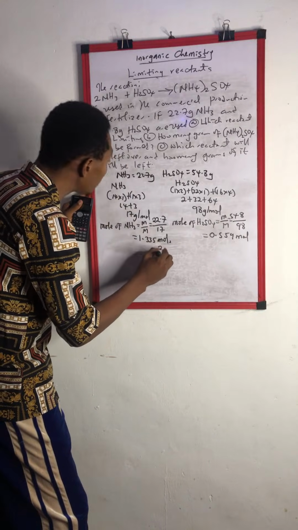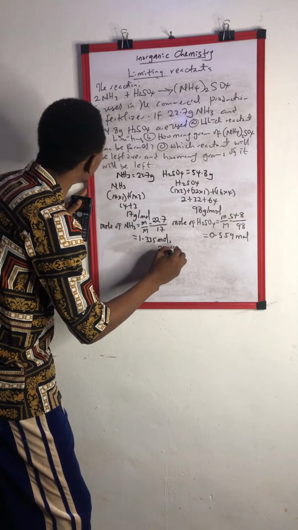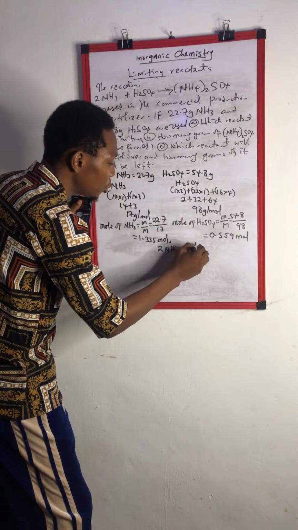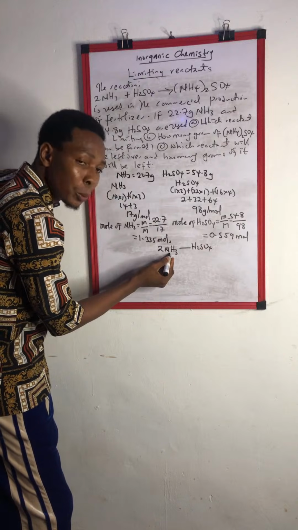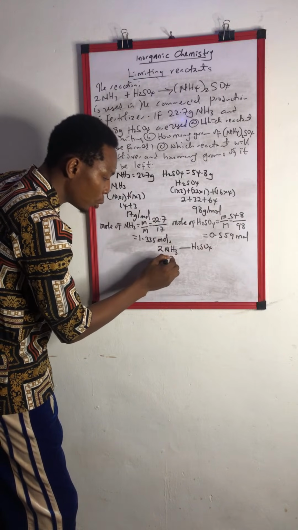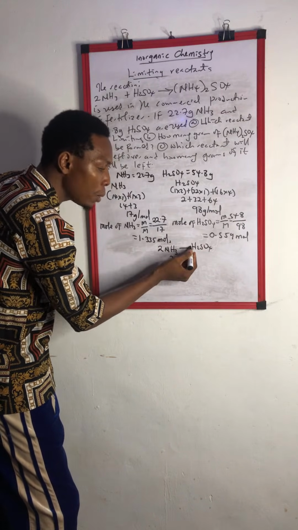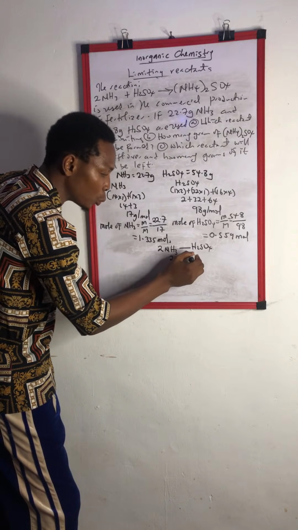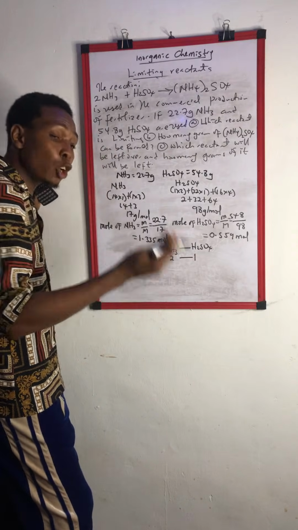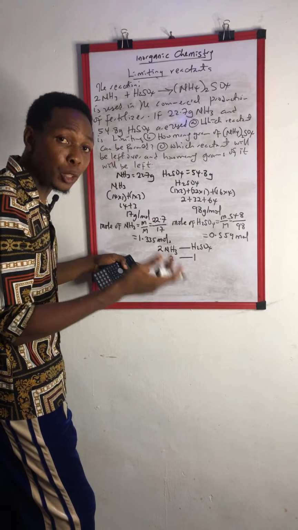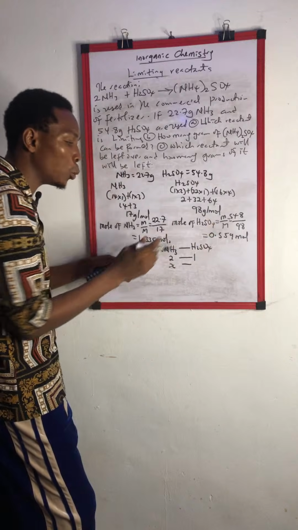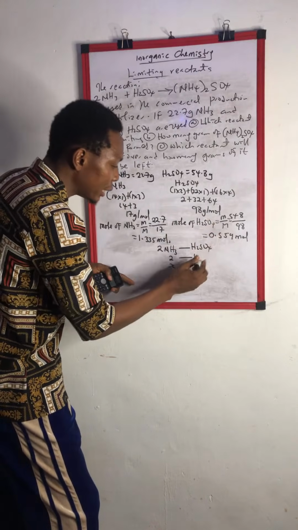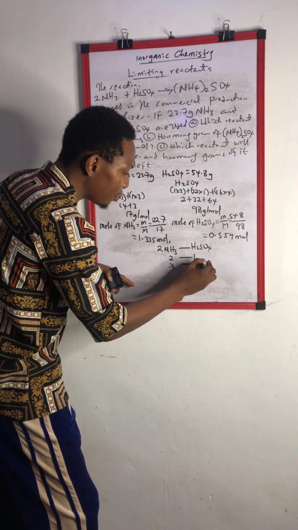So here we have 2 NH3 and H2SO4. Now, how many moles of ammonia do we have here? We have 2. So 2 moles of ammonia is equivalent to how many moles of H2SO4? It is 1. So we are looking for the number of moles of ammonia that is needed. We don't know, so we call it S. Then the number of moles of H2SO4 is 0.559.